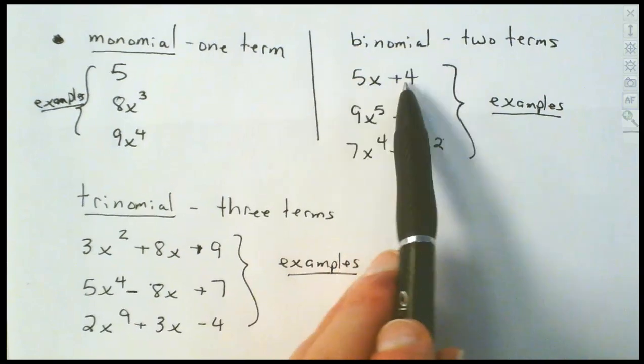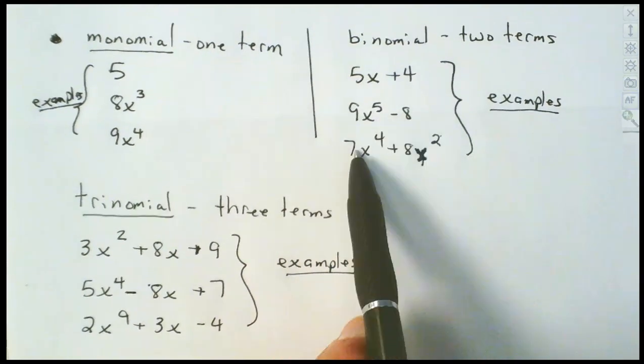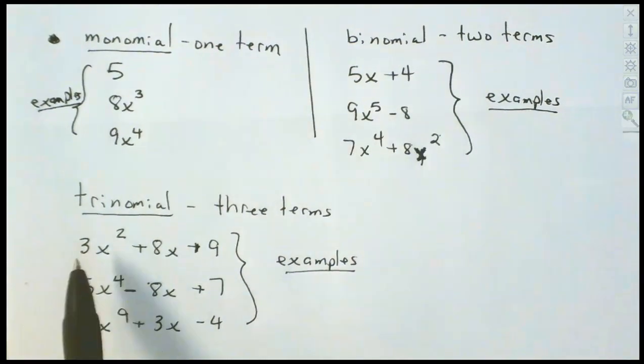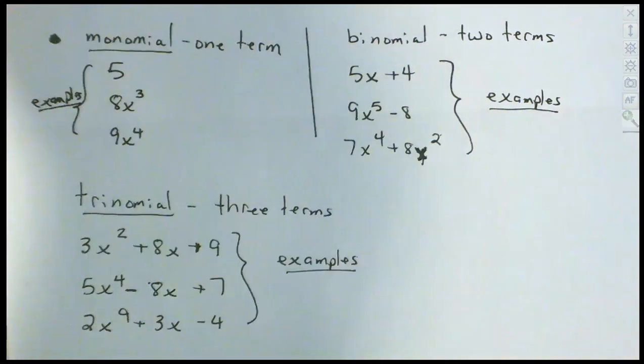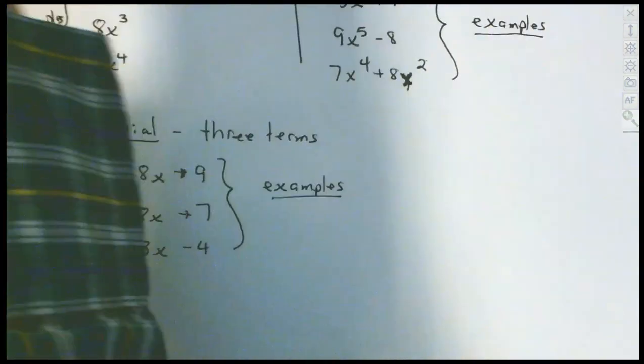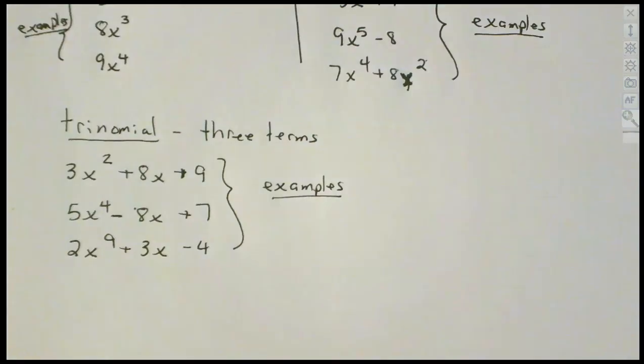Addition and subtraction separates these. Trinomial means they have 3 parts. And there's also quintics and quartics, but we don't really use those very often. So we only look at these 3, monomial, binomial, trinomial. That's it. Anything else is just a generic polynomial.